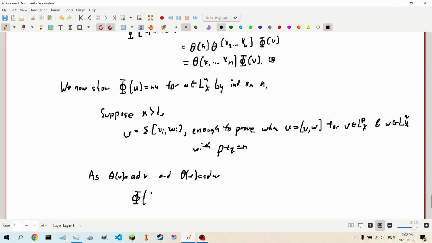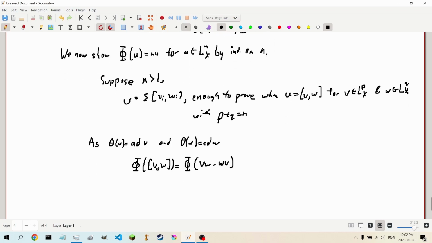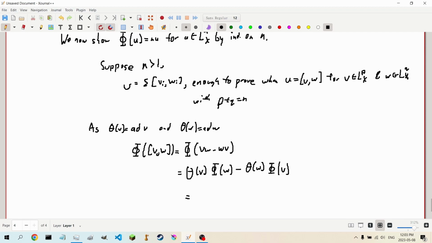capital phi of the bracket of v and w is, we can expand out the bracket to be vw minus wv, which, by the fact that big phi is a homomorphism and the lemma, this is equal to theta v times big phi of w minus theta of w big phi of v, which is equal to, from our assumption, this is q times theta v of w minus p times theta w v, and that's our induction hypothesis, right?